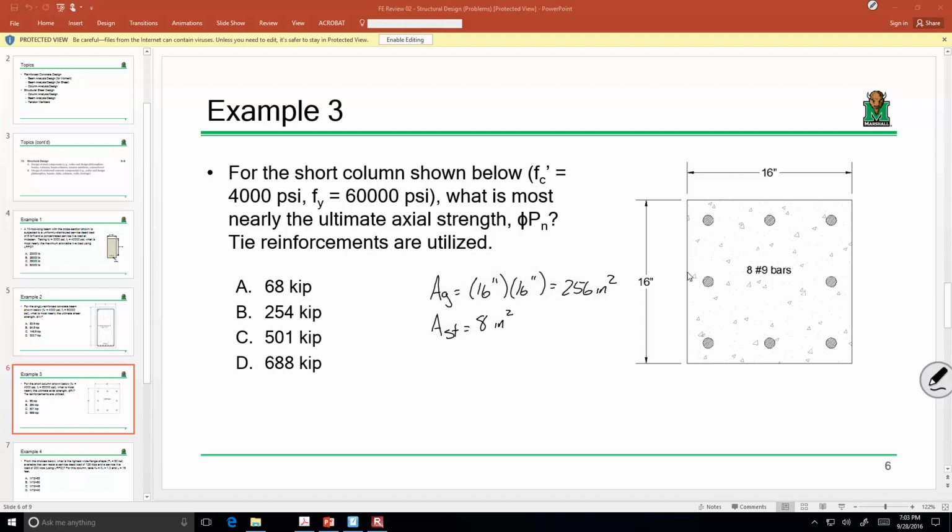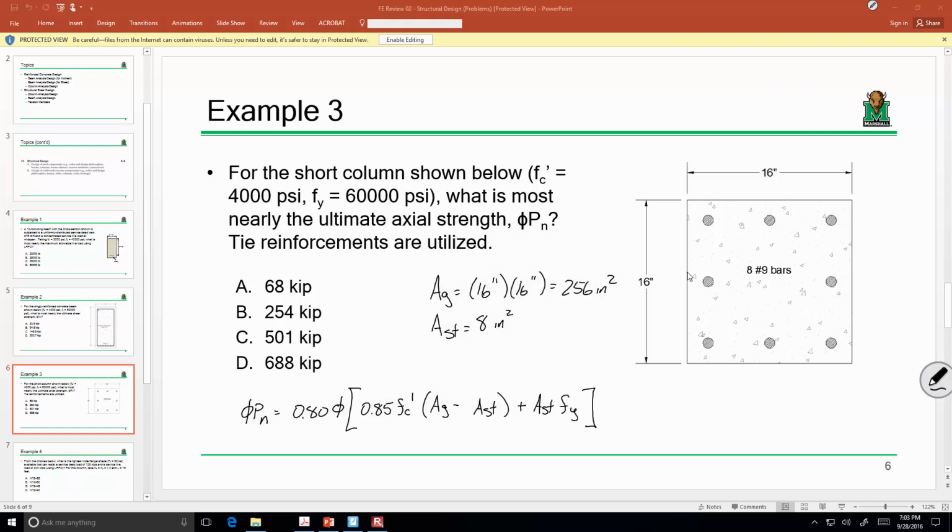All right. We have an f'c of 4 ksi, fy of 60 ksi. So I propose that phi Pn is 0.8 phi times 0.85 f'c (Ag minus Ast) plus Ast times fy.